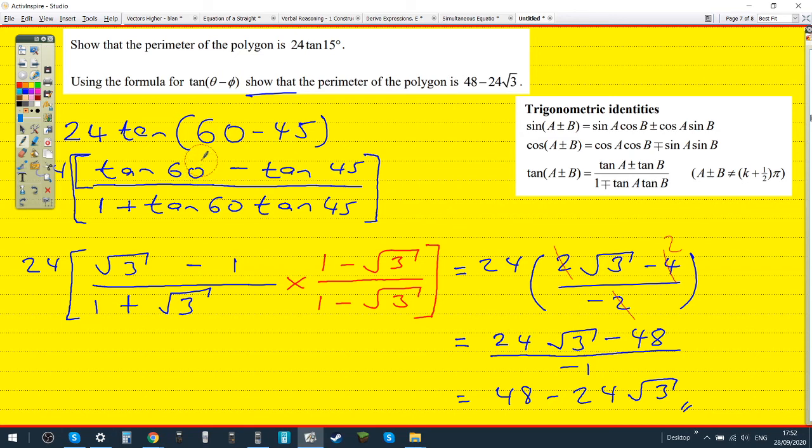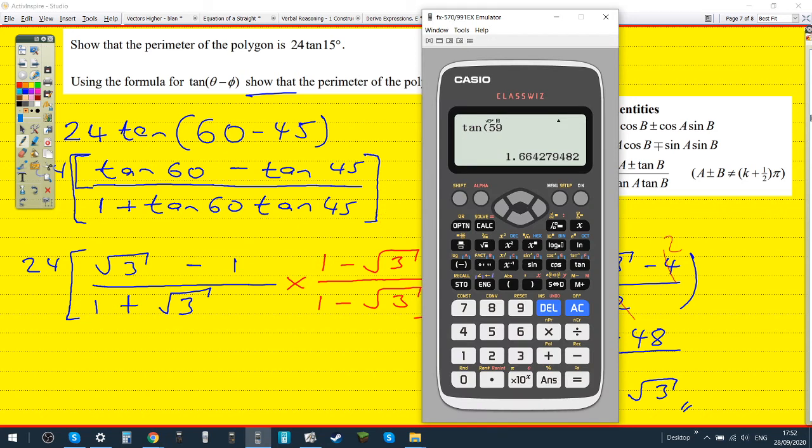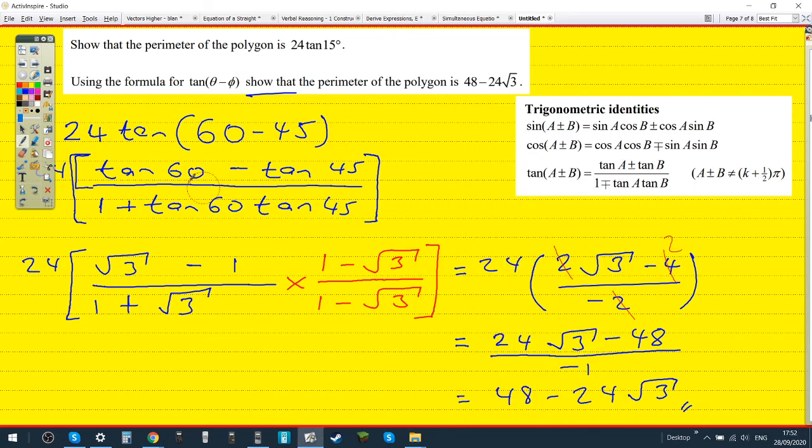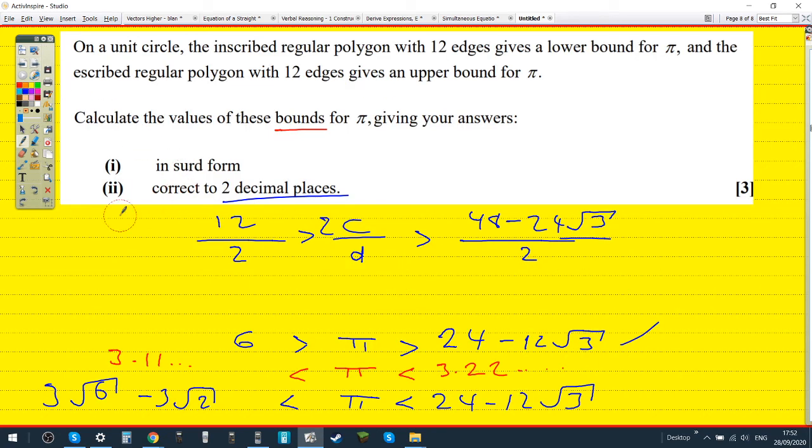Sorry, 61 and 46? I think so, yeah. So tan 61, and that's the thing. So you have to find 2 special angles. Okay, that's fine. You could also do 90 and stuff like that, depending on the number. It's all right.